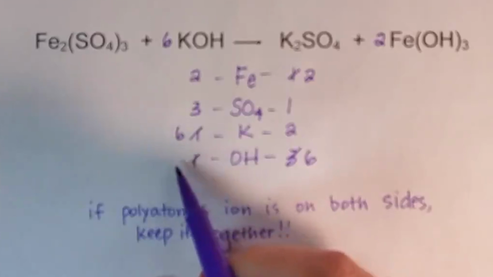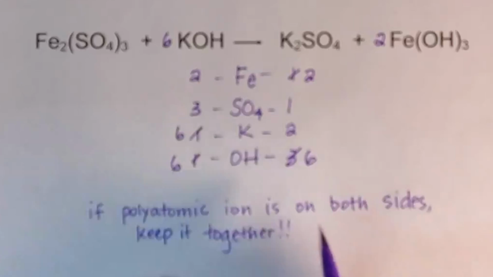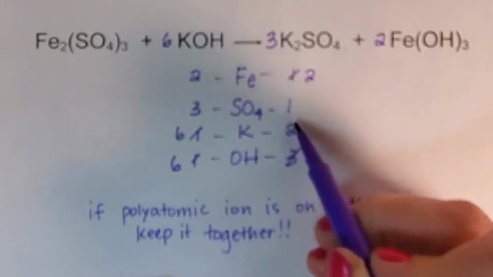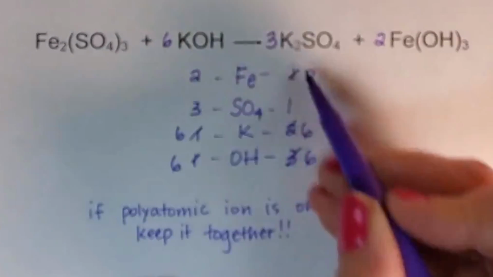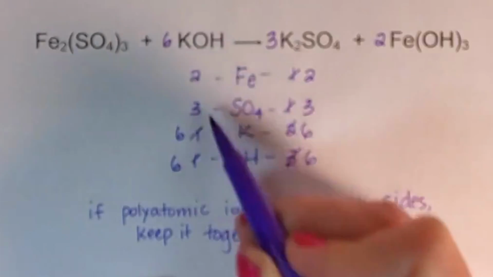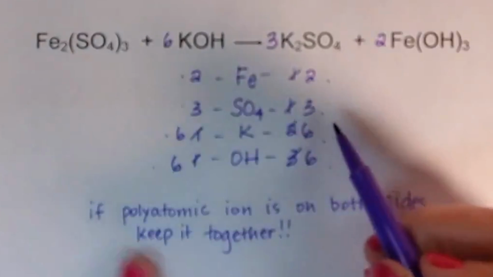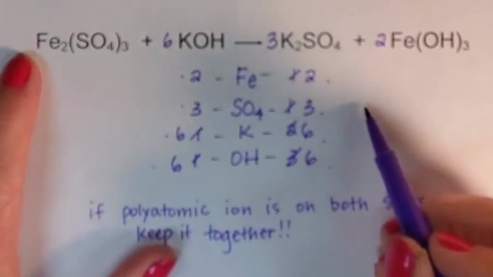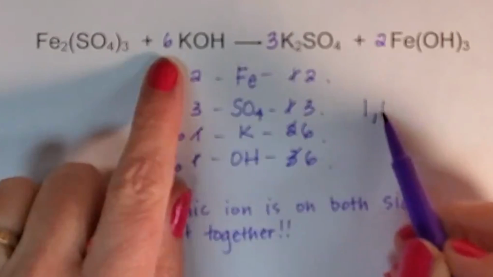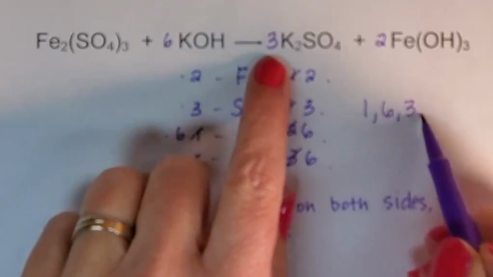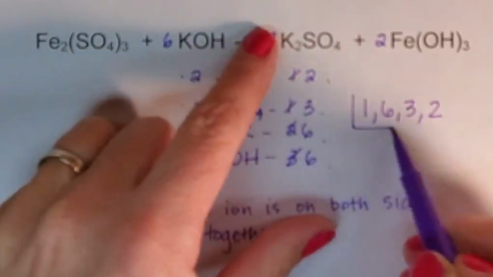On the left we have 2, 3, 6, 6 and on the right 2, 1, 2, 6. To balance the sulfate to 3, we put a 3 before the potassium sulfate, which makes the potassium be 6 and the sulfate be 3. And as you can see, our equation is now balanced. The answer we would write would be 1, 6, 3, 2, because those are our coefficients.